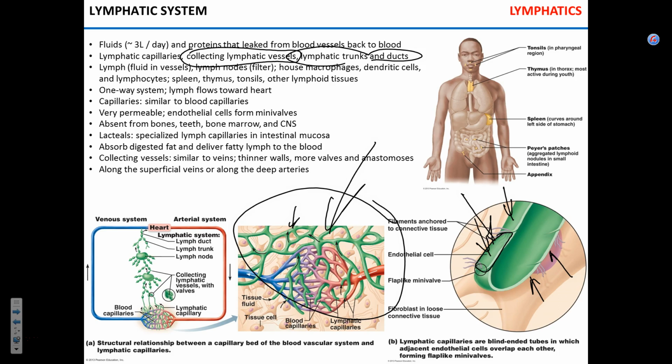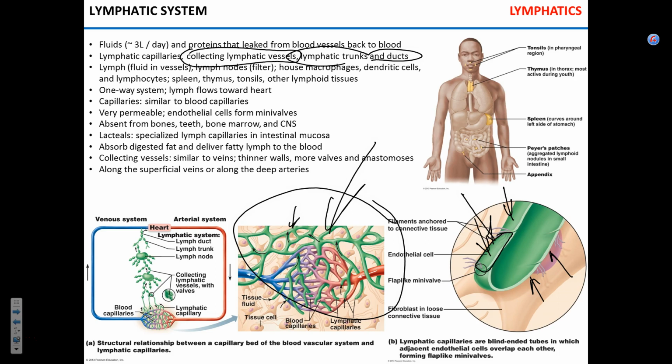It actually drains into the veins here at the merging point of the jugular and subclavian veins. Does that make sense? So all that lymph ends up in the heart. That's how fluid is returned back to the circulation. Are we clear about it?